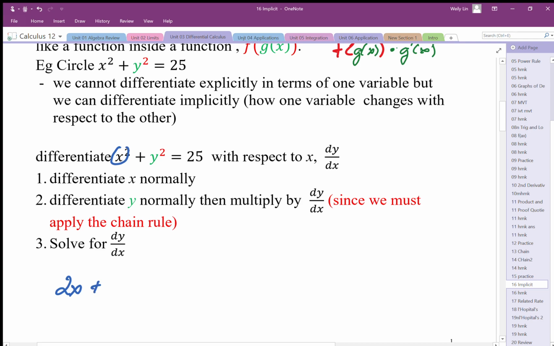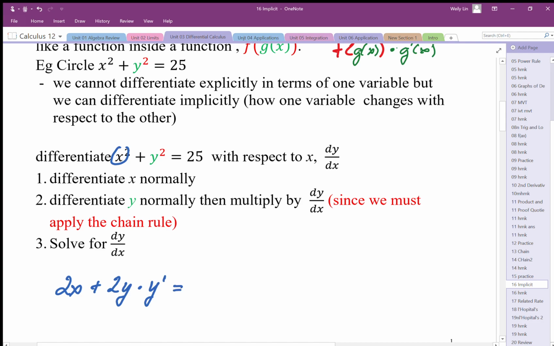So then I'm going to differentiate the y squared. Well, I'm going to differentiate the y normally. Okay, so I'm just going to differentiate this with the power rule. So I end up with 2y, no problem. But now, since y is an embedded function, anytime I differentiate y, I need to make sure that I apply the chain rule. So I'm going to times by y prime.